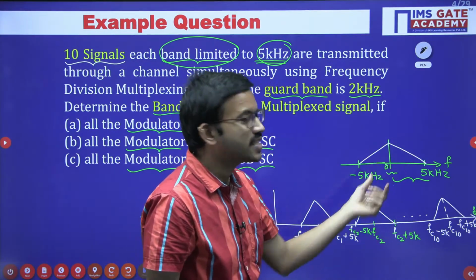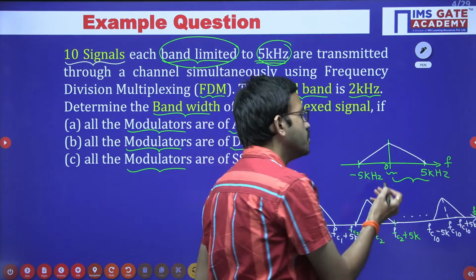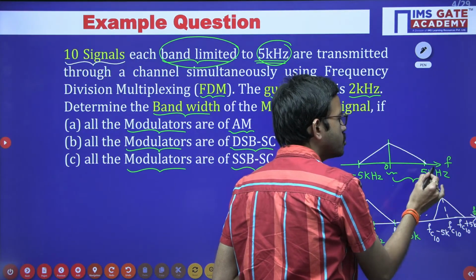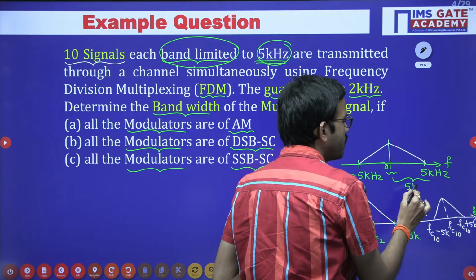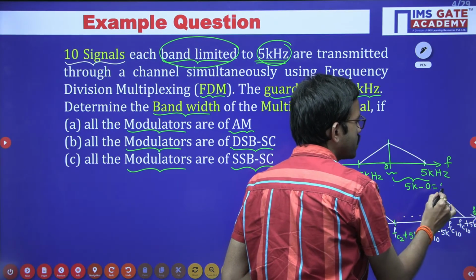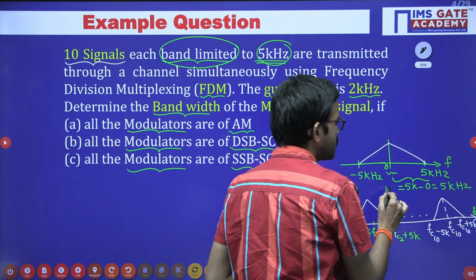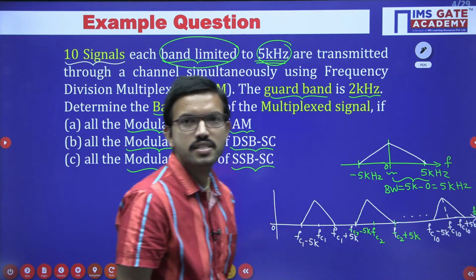Here on the positive frequency axis it starts from 0 and the maximum frequency is 5K, so 5K minus 0 is 5 kilohertz. This is the bandwidth of the message signal.